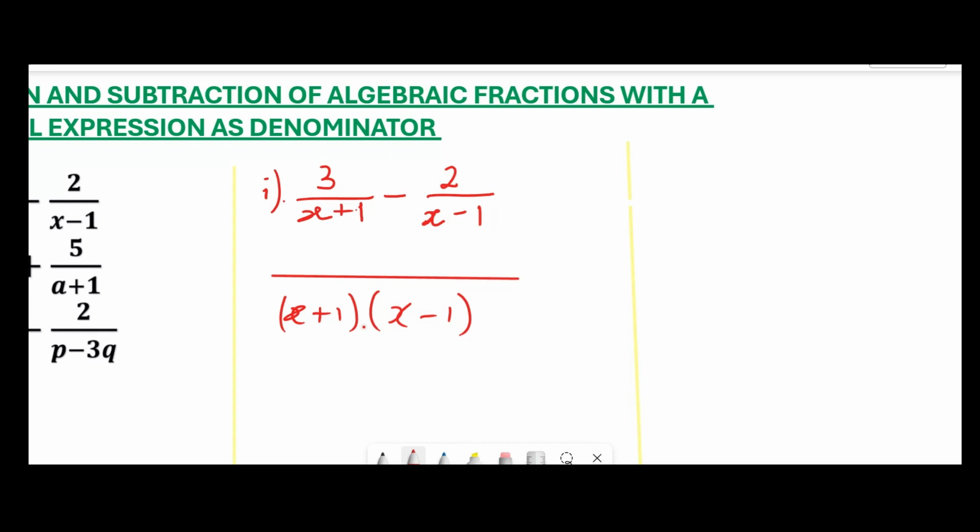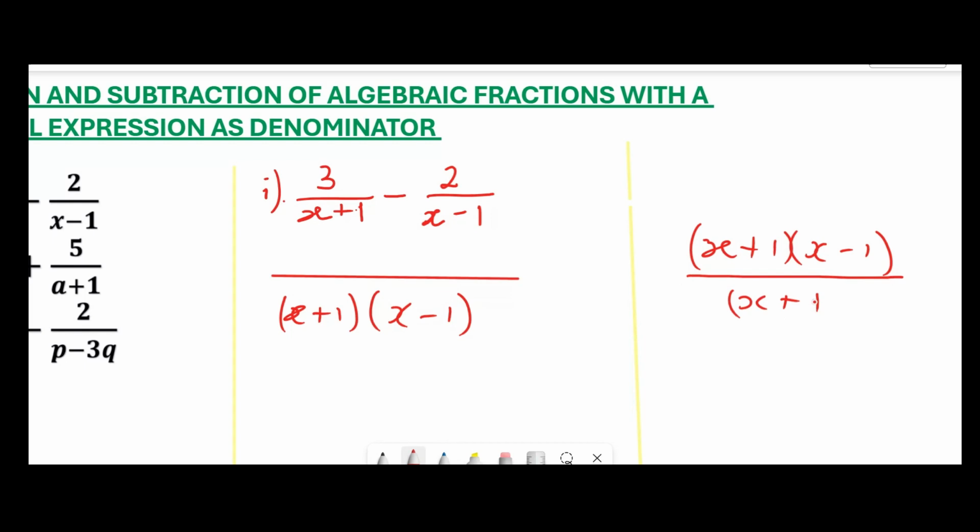So let's move on. x plus 1 goes into the whole of this how many times? That is where some people don't understand. Let me work it here for you to see. We have x plus 1 times x minus 1, which is divided by x plus 1.